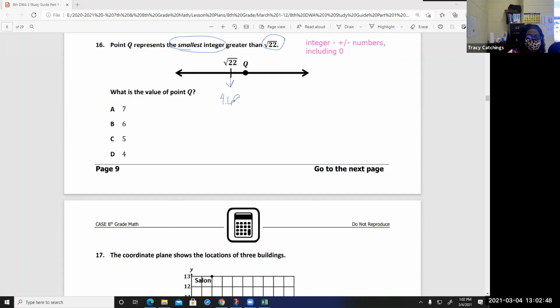All right. So if that's at 4.69, and they told us we want that smallest integer that's greater than it. Now if I write it down. All right, so if that's at 4.69, what's the next whole number to get to Q?